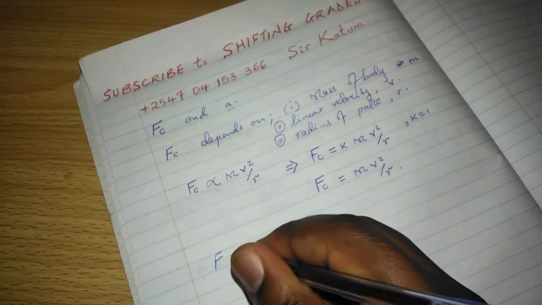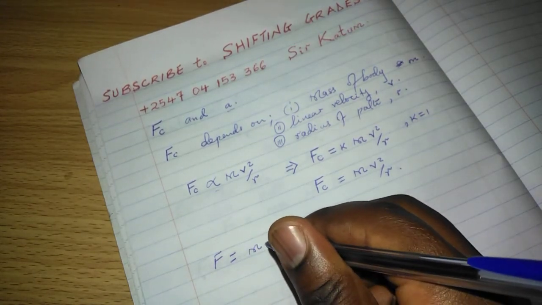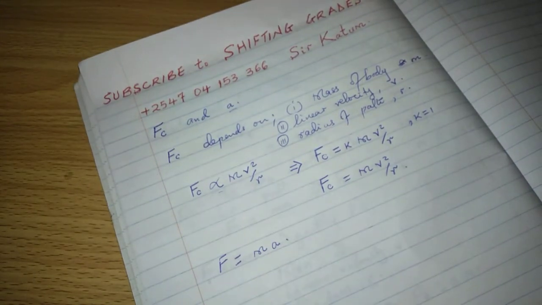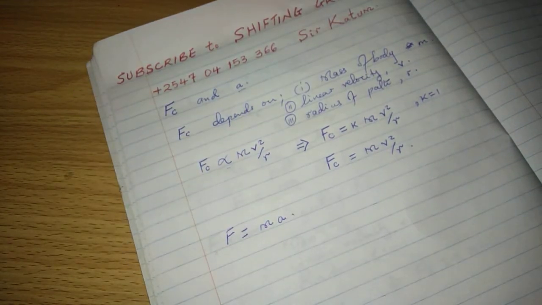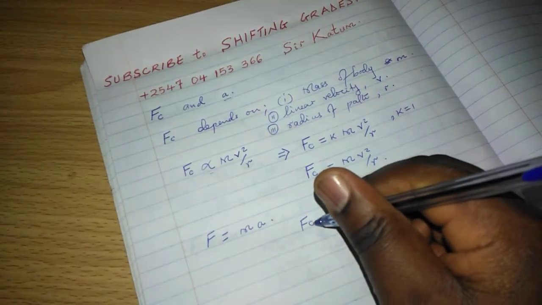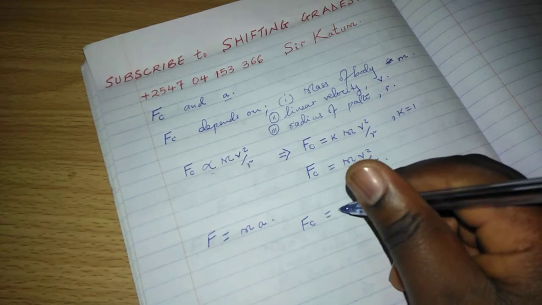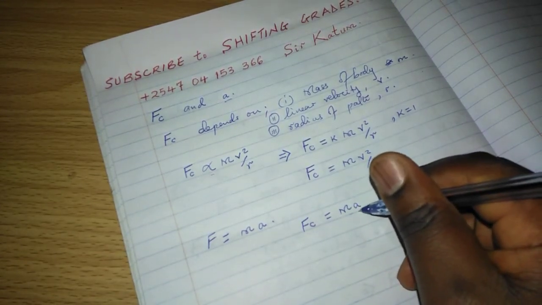After this, we can recall Newton's second law of motion, which says that the force is given by mass times acceleration. So in this case, because we are dealing with centripetal force and centripetal acceleration, we can say the centripetal force is given by mass times centripetal acceleration.